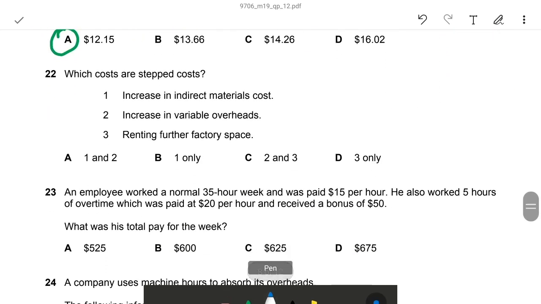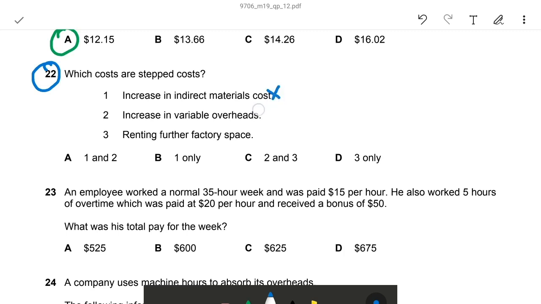Question number 22. Which costs are stepped costs? Stepped cost means it is not a variable cost; it is a fixed cost that increases from one level upward. Increase in indirect material cost: indirect material cost is also a variable cost, so it is not a stepped cost.